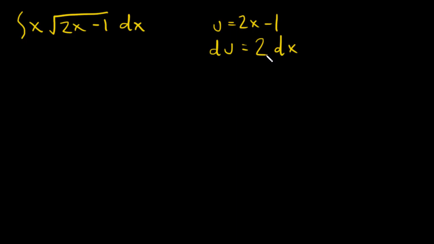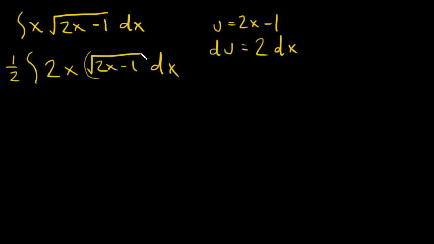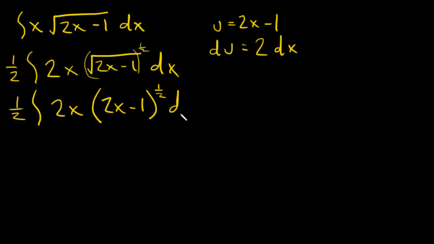If I need to have 2 dx for my du, I can do that. That would be 1/2 integral 2 x root 2x minus 1 dx. This right here is considered to be to the 1/2 power, so I can rewrite this as 1/2 integral 2x times 2x minus 1 quantity to the 1/2 dx.